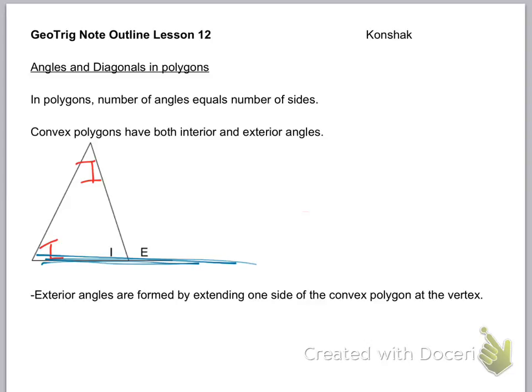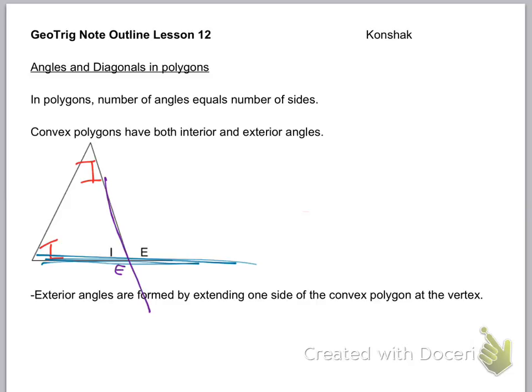Okay? And it says that right in the bottom. Exterior angles are formed by extending one side of the convex polygon at a vertex. So the vertex would be the point here. I extended the line all the way across, forming an exterior angle. Wait a minute, what happens if I extend it this way? It's the same thing.